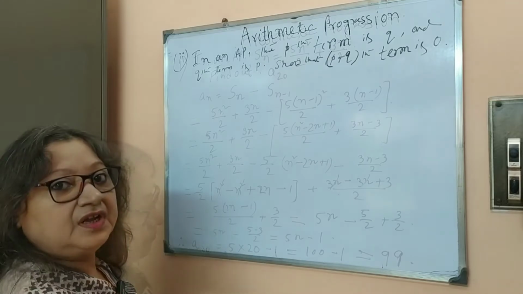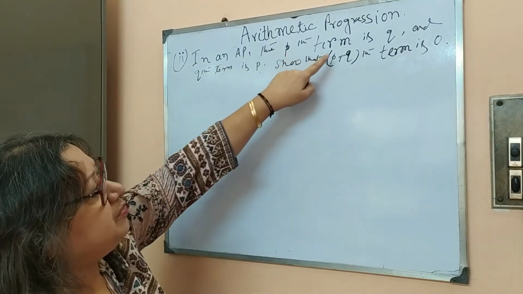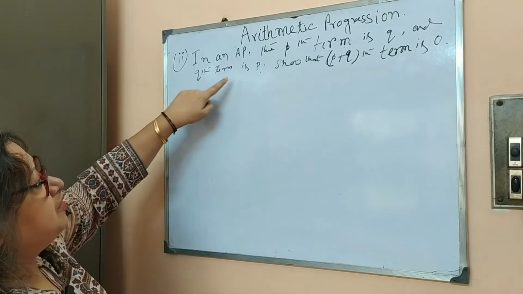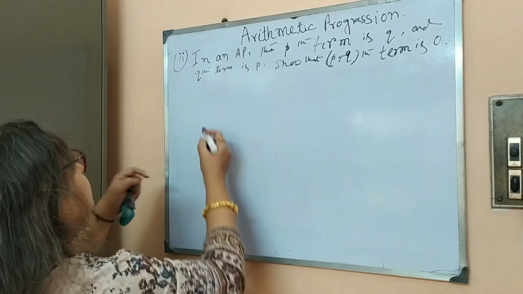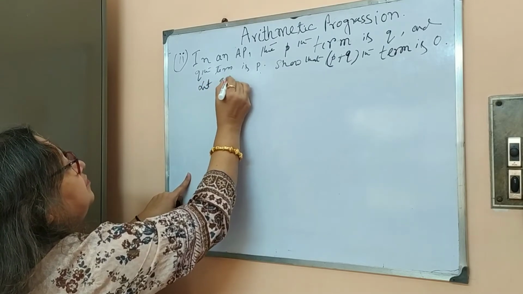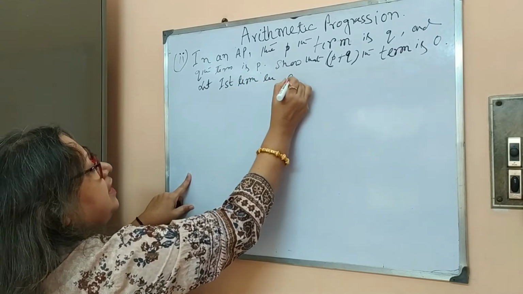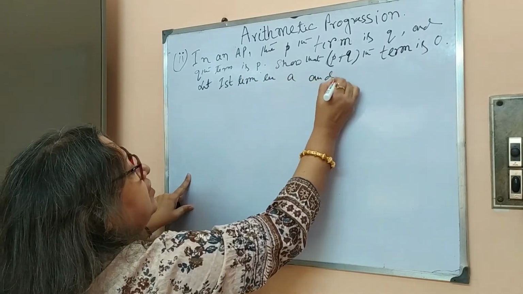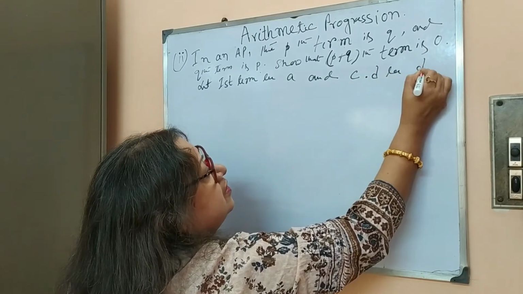Okay. The second sum is, in an AP, the pth term is q and the qth term is p, so that the p plus qth term is 0. Okay. Let the first term be a and the common difference be small d.